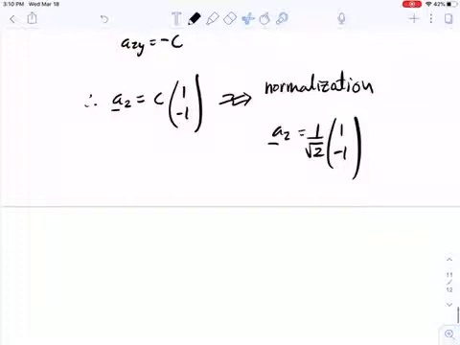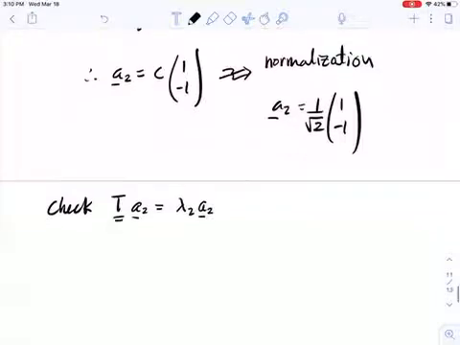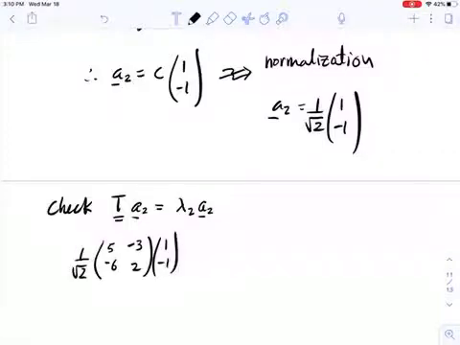We should do this check again. So we're going to check that T A2 equals lambda 2 A2. So T is 5, minus 6, minus 3, 2. And then A2 has a 1 over root 2, and then it's 1, minus 1.